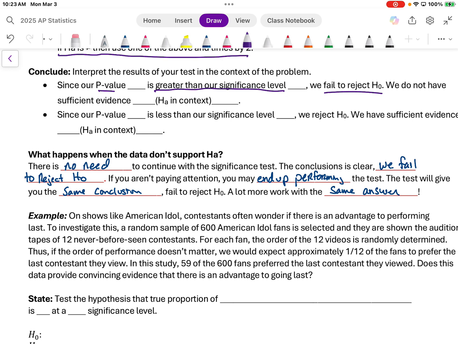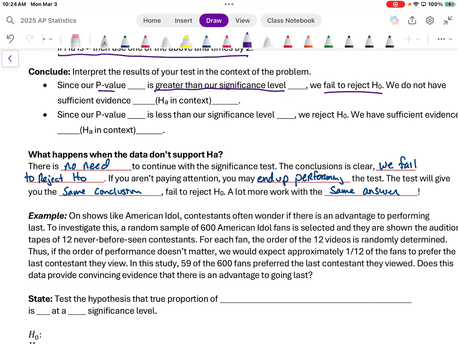We compute that p-hat because sometimes we can stop, based on how the p-hat works out, and say that's not even going to be close to what we think it is. It's not in the range we're thinking of, so don't bother, because if we did, we're just wasting our time. We did a test and ended up finding out that we didn't have the evidence.